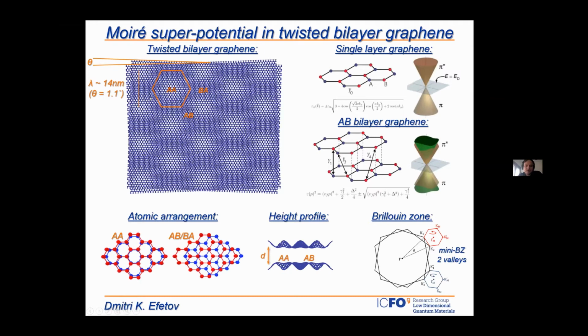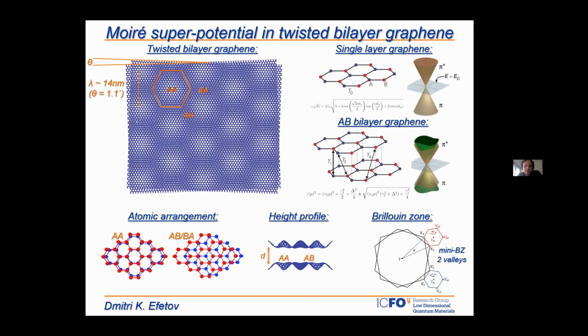For very small twist angles, which we typically deal with, for example the magic angle, as I will show later on, is 1.1 degrees, we get an extremely large superpotential with a lattice constant of 14 nanometers. If you count up the atoms in one unit cell, it's about 10,000 atoms. So it's an extremely large supercell.